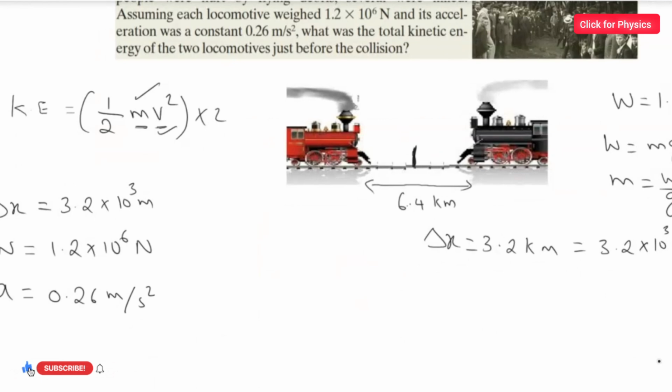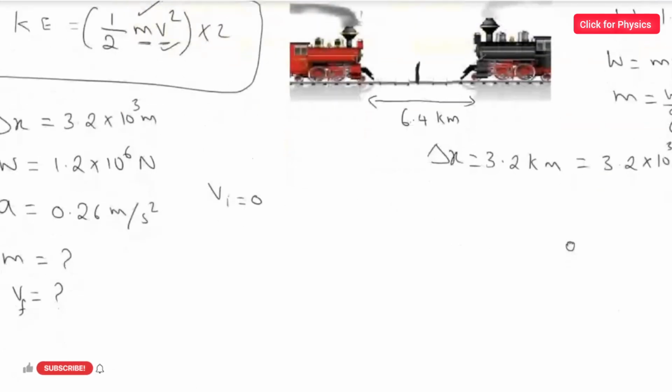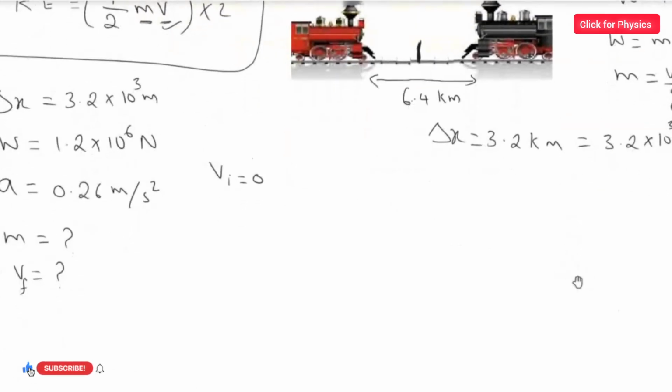For finding the kinetic energy of the two locomotives, we need the mass and the final speed Vf, because the initial speed is 0, as the locomotives are initially at rest. First, we have to find the mass.